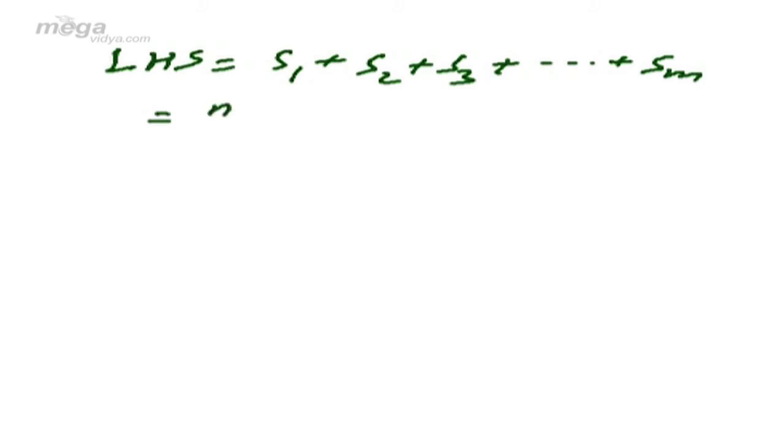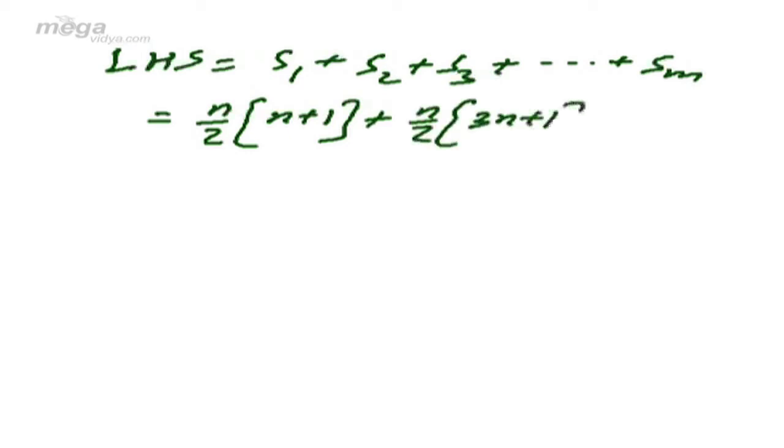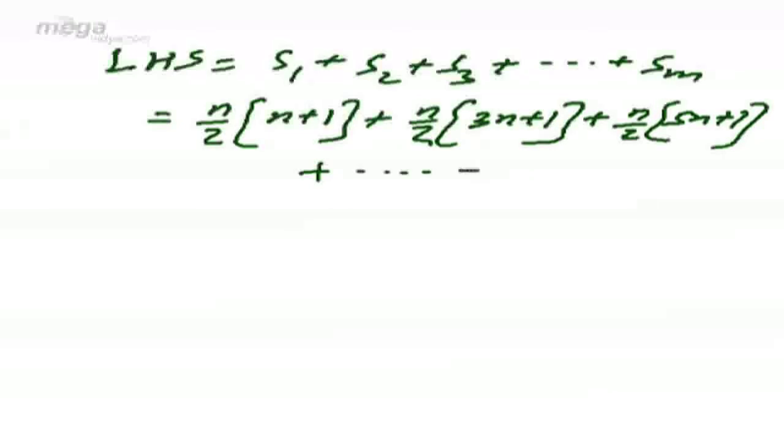S1 is n by 2 into (n plus 1), S2 is n by 2 into (3n plus 1), and S3 is n by 2 into (5n plus 1). But the value of Sm is n by 2 into (n into (2m minus 1) plus 1).